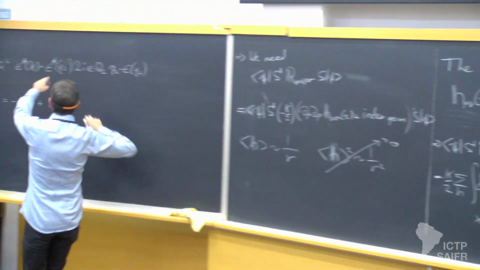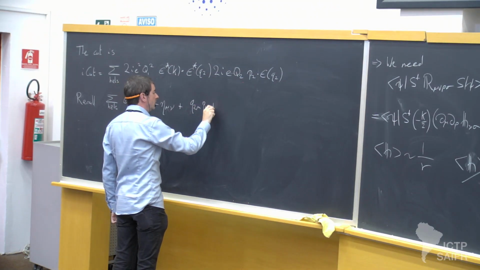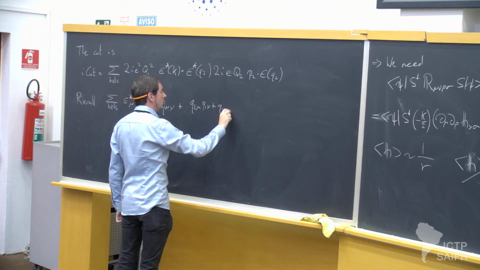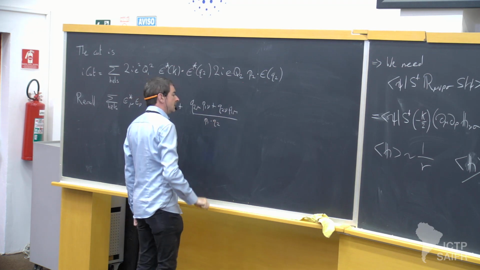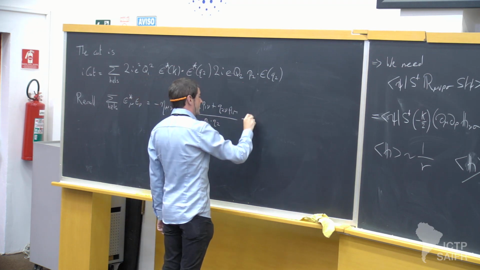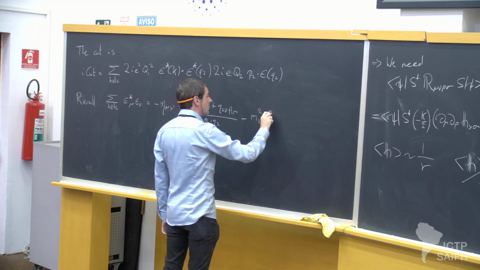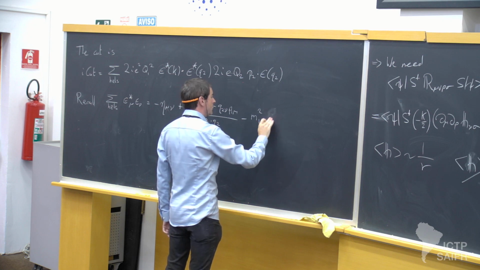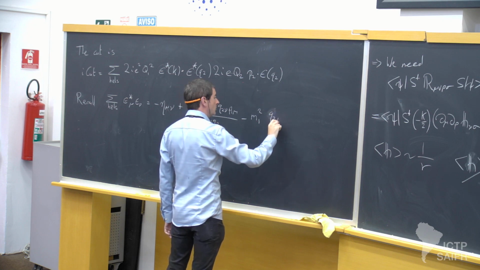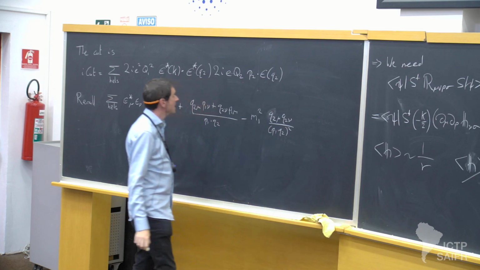So these two are in gauge P1, so the others will be Q2 mu, P1 nu, Q2 mu, P1 mu over P1 dot Q2, minus M1 squared, sorry, this is Q2 mu, Q2 nu over P1 dot Q2 squared.